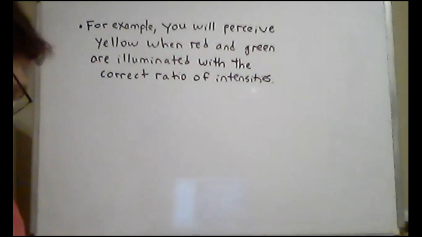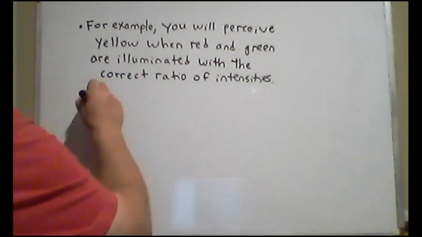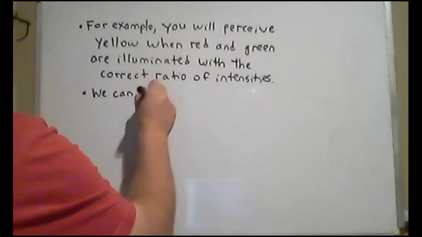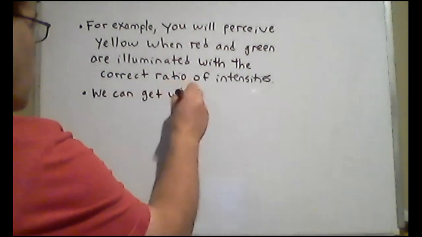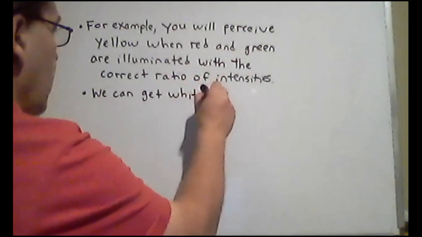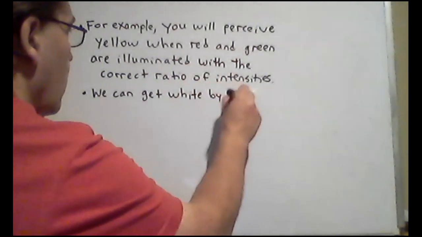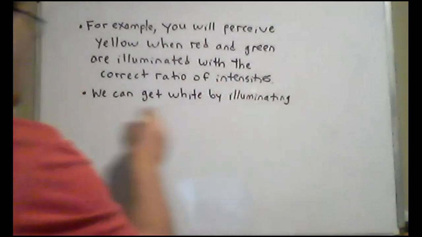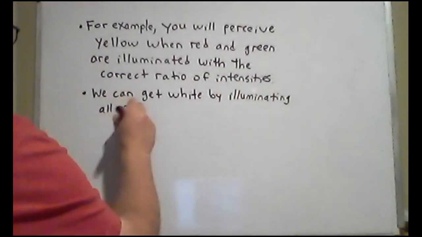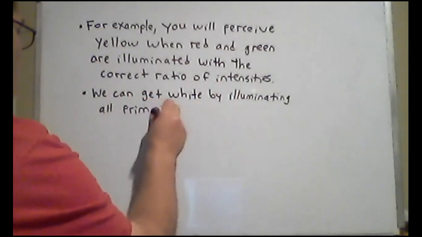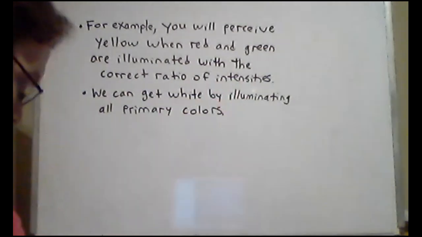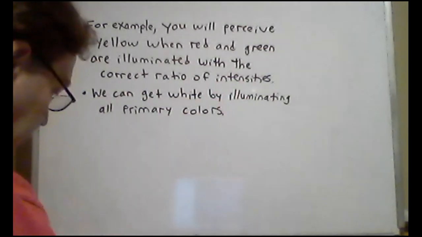You get white by illuminating all 3. So we can get white by illuminating all 3 primary colors.